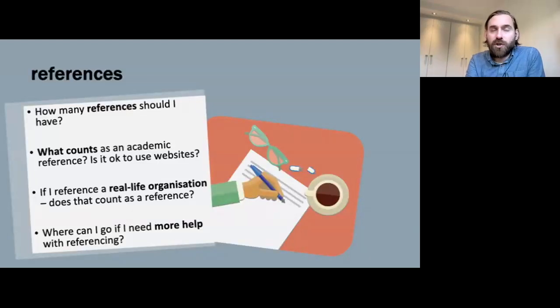So how many references should I have? I think you should approach this question from how many parts of your essay are there? We know there's an introduction, we know there's a part one, a part two, a part three. We know generally how long each of those parts are going to be. Around probably 150 words for the introduction, and then what does that leave for the rest of it? About 450 for each of those other sections.